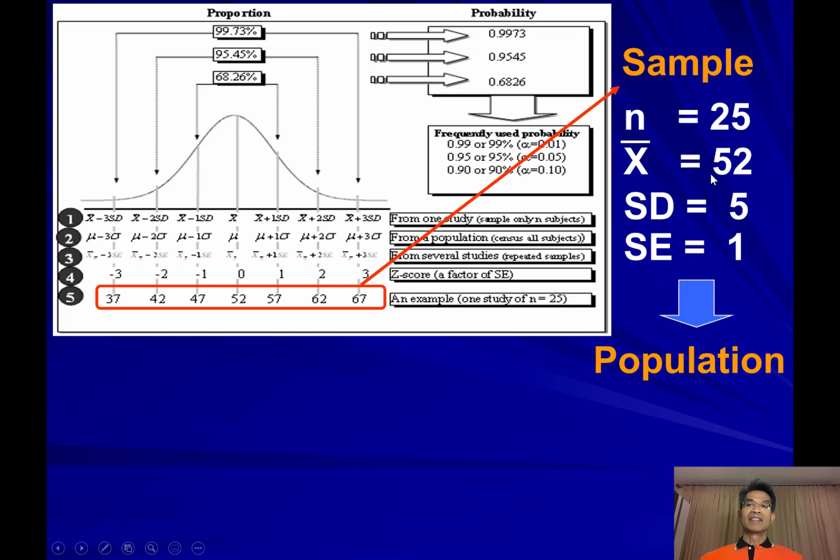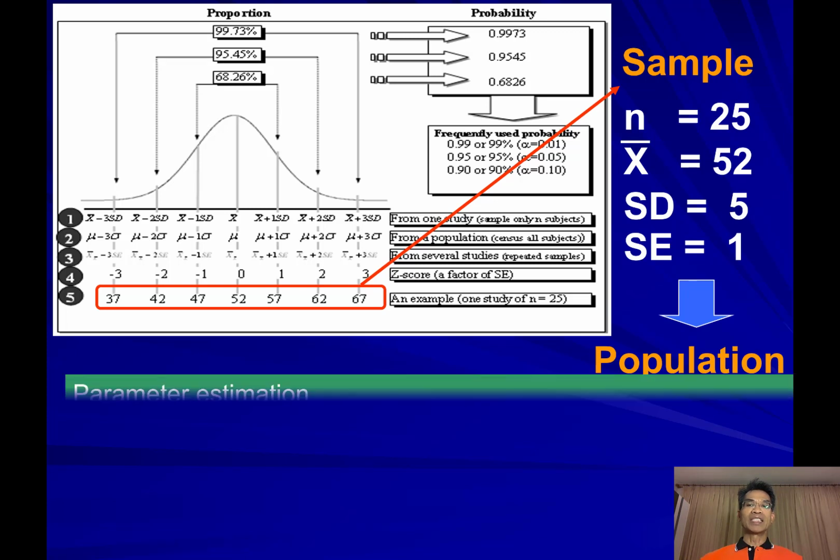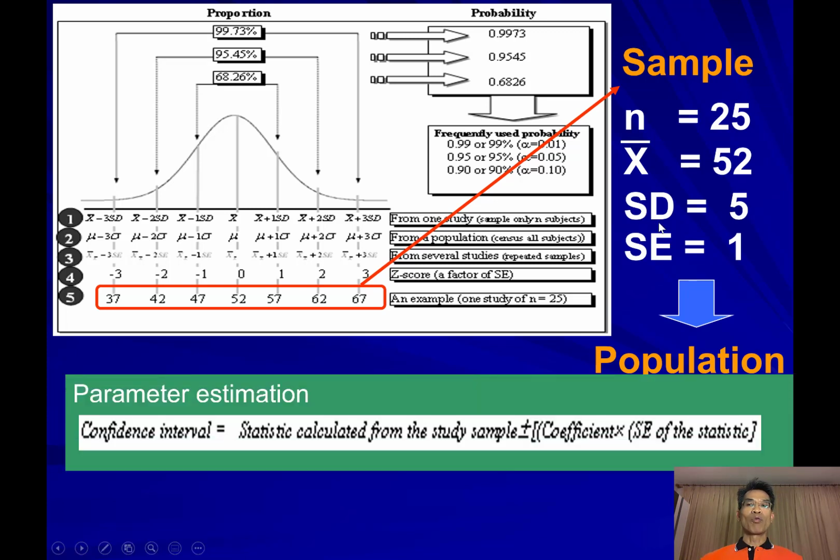The first thing we will do is to estimate the mean weight in the population. So we calculate the confidence interval, and here is the general formula. It comes from the statistic obtained from the study sample of 25, plus or minus something.